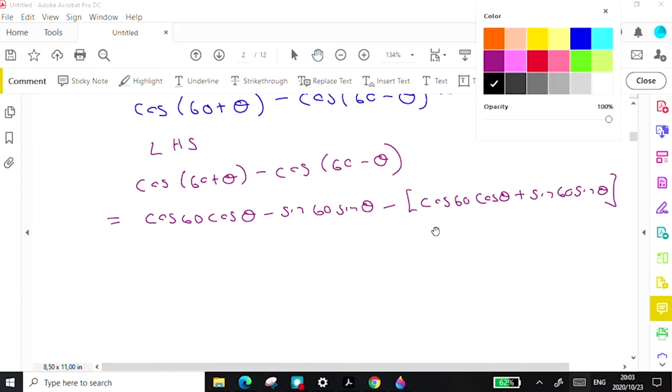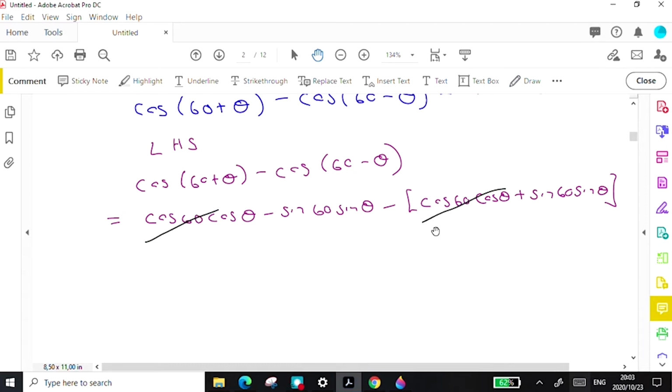These two terms are the same, so they should cancel out. And if we multiply this by negative, the positive will change to a negative, so we can just add these two.